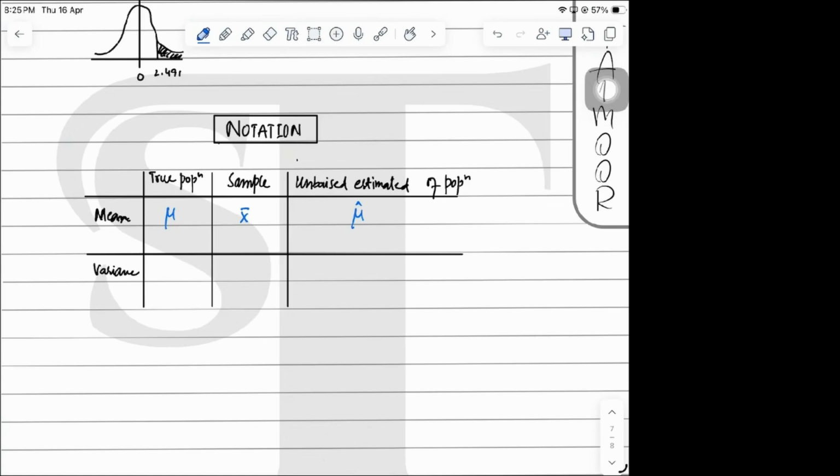This is a very important notation that you should remember. I didn't know about the unbiased one. So this is sigma square, this is s square, and this is sigma square cap.